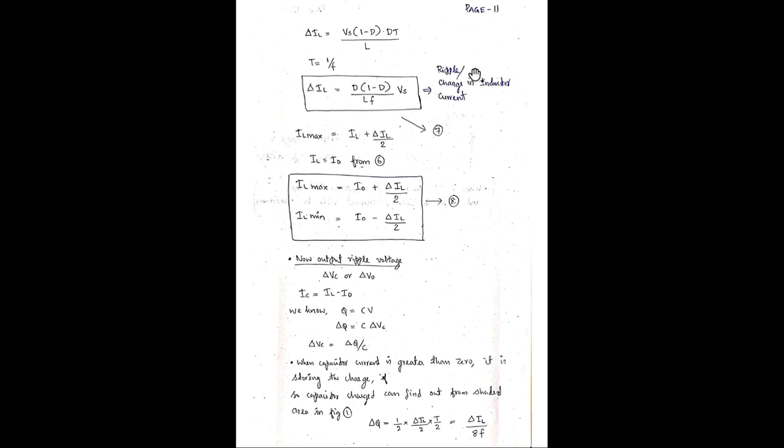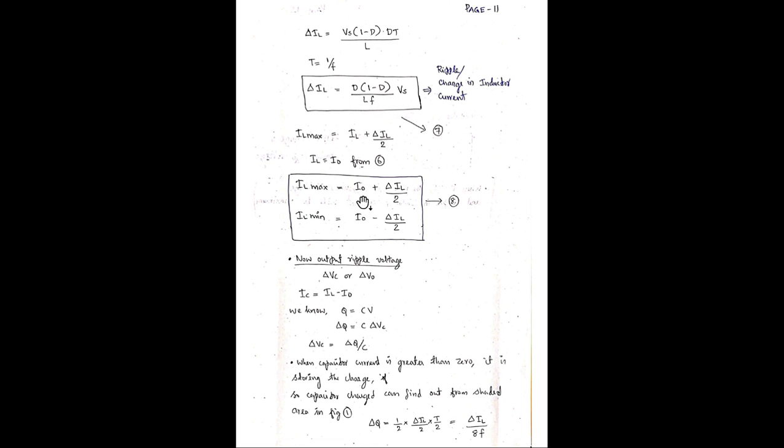And also ΔIL, the ripple in inductor current, we got as D into (1 minus D) into Vs divided by Lf. If we substitute the duty cycle as 0.5, this change in inductor current will be maximum.